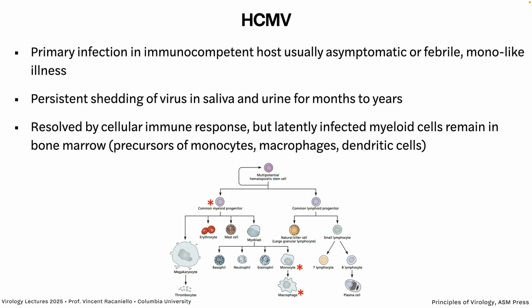Here's a hematopoietic stem cell that gives rise to all the blood cells, and here's the common myeloid progenitor. This is where CMV becomes latent. And then you can find it in monocytes and macrophages as a consequence.